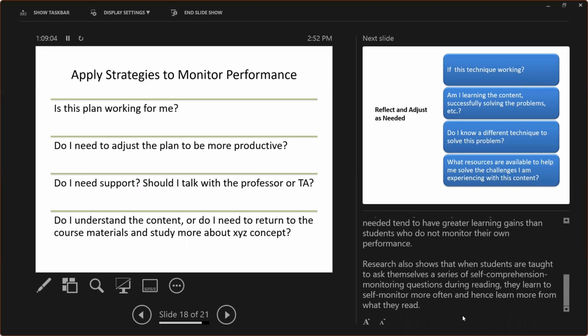And students who were taught to ask themselves these self-comprehension monitoring questions as they're reading learn to self-monitor, and they learn more from what they read as well. So it's a really important skill in terms of their learning development.